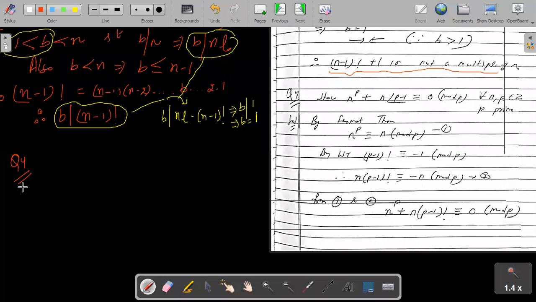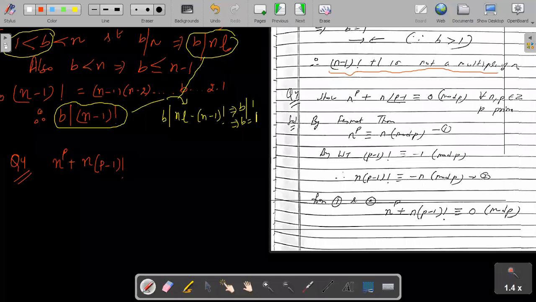Show that n raised to power p plus n into p minus 1 factorial is congruent to 0 mod p.